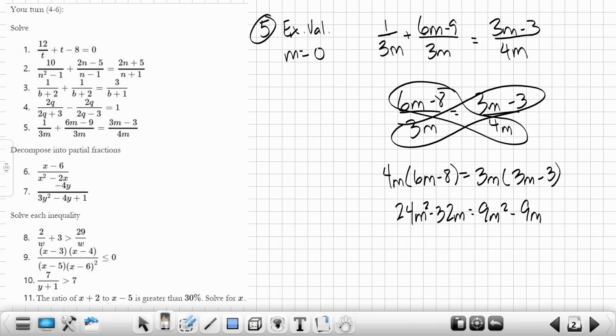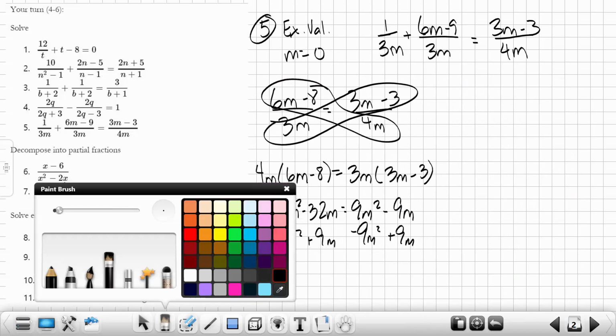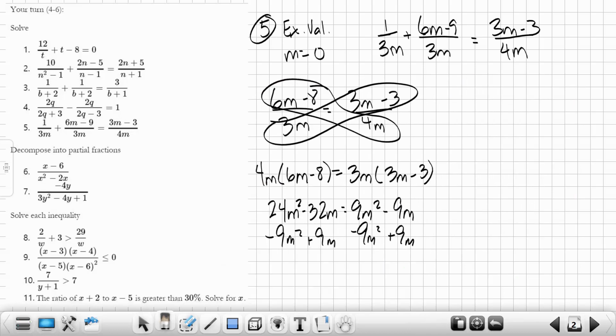Get it equal to 0, so I'm going to subtract 9m squared and add 9m on both sides. I'll move this to the left so I can continue working. 24 minus 9, I get 15m squared. Negative 32 plus 9, I get minus 23m equals 0.